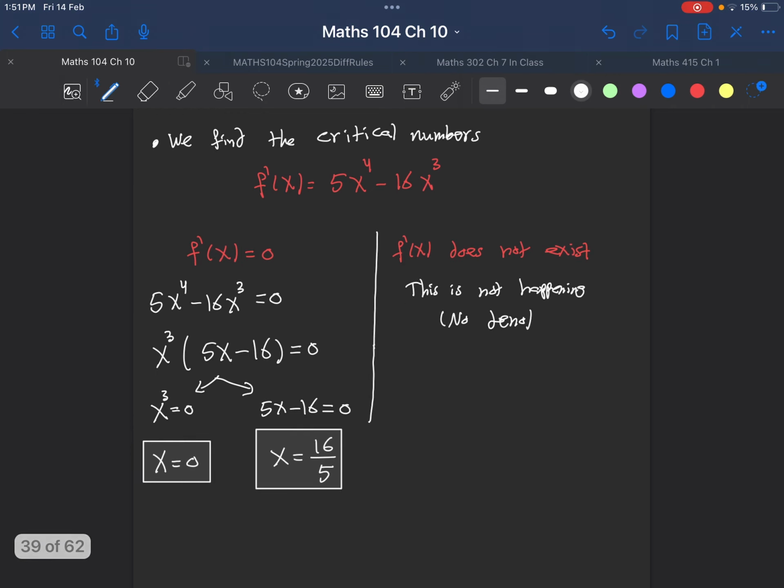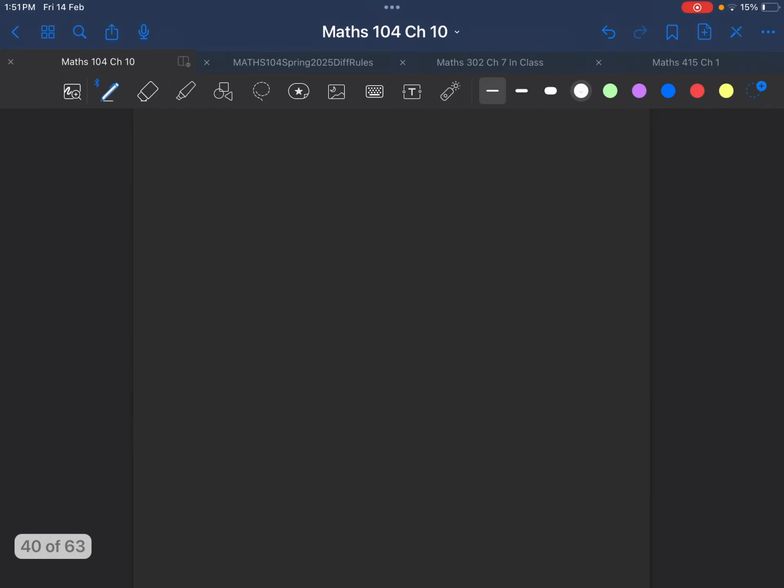We have those two options as candidates for the critical numbers. Next step, we find the interval where the function is increasing and decreasing.